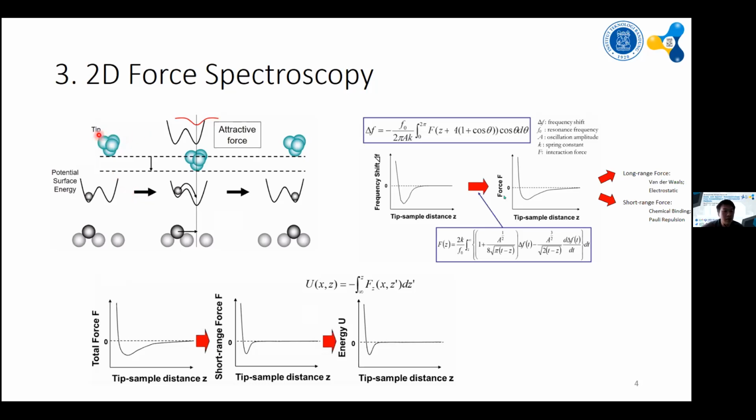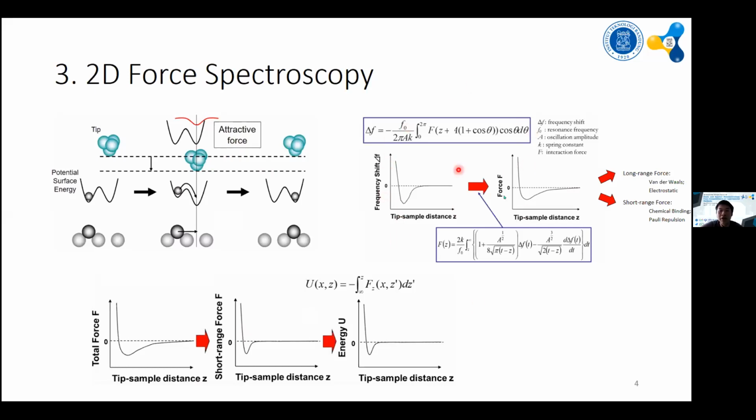So when the tip is approaching the sample, there will be an attractive force between them, and this will change the potential energy of the sample. So the barrier energy from this high will be decreased like this. So the atom can move to the neighboring side. And this kind of interaction, as I mentioned before, will create a frequency shift in the FM tip.